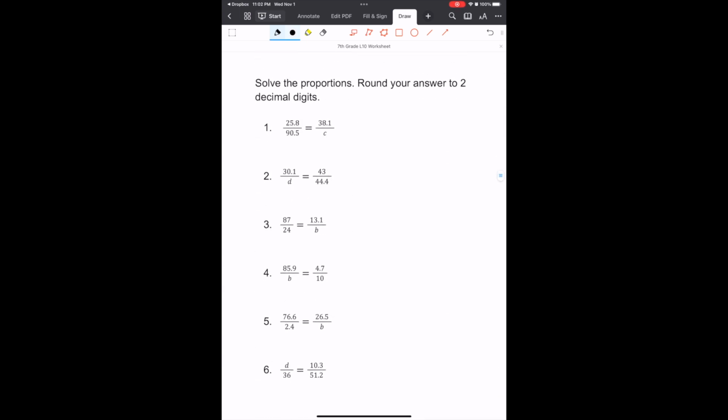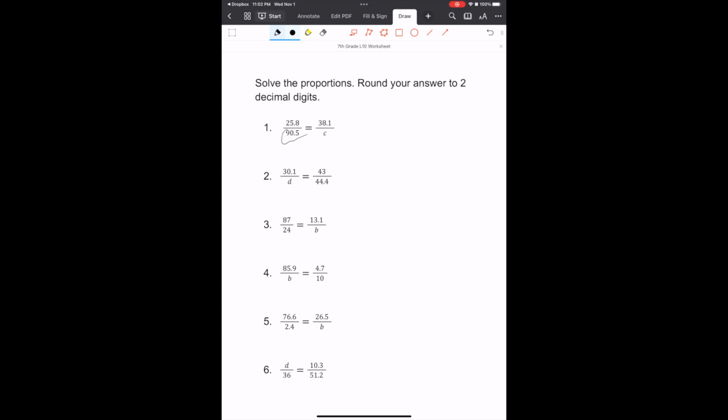Let's move on to the next couple. Solve the proportions, round your answer to 2 decimal places. Another way to do this is with ugly numbers like this, where 25.8 times anything does not equal that, or it's a really ugly number. What we can do is use what I like to call the butterfly method.